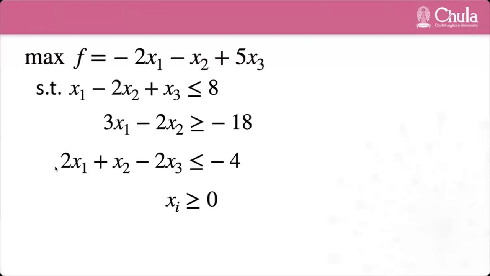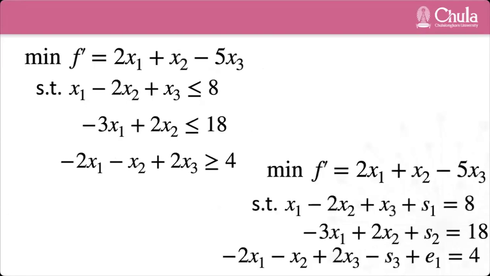So you multiply this inequality by -1, and of course, you obtain -2x1 minus x2 plus 2x3, and the relationship must be greater than or equal, and on the right-hand side, it is 4, okay? Then you need extra variables, and you have to subtract a slack variable, right?